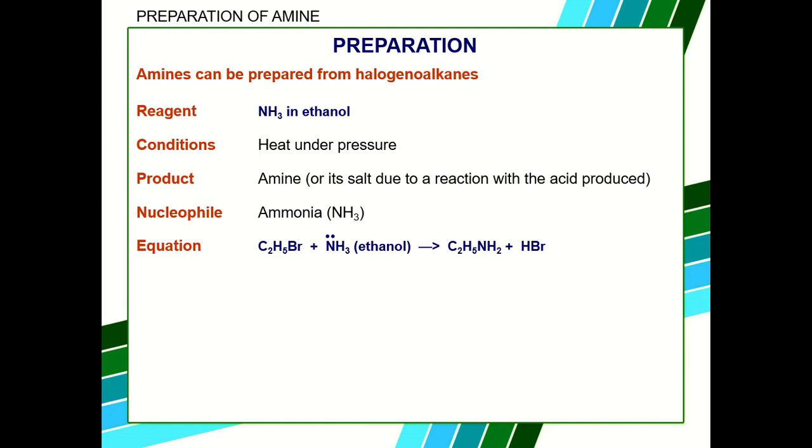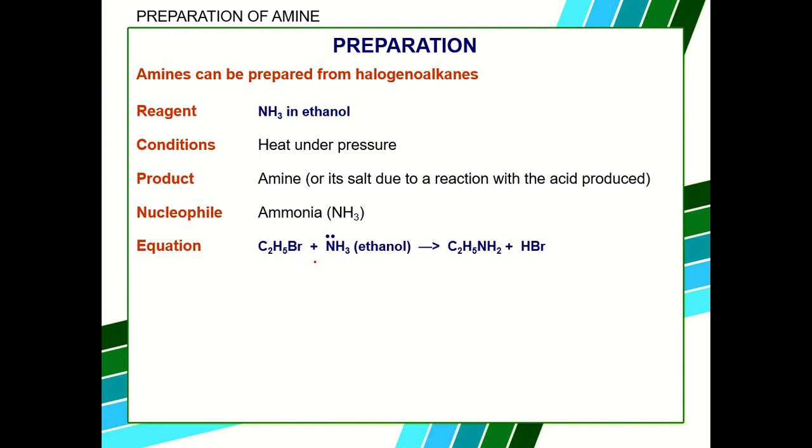Now, preparation of amines, you have learned all these reactions before. Some of them are in AS actually, which is this one, halogenoalkane with ammonia in ethanol. This was nucleophilic substitution of halogenoalkane in AS organic chemistry.